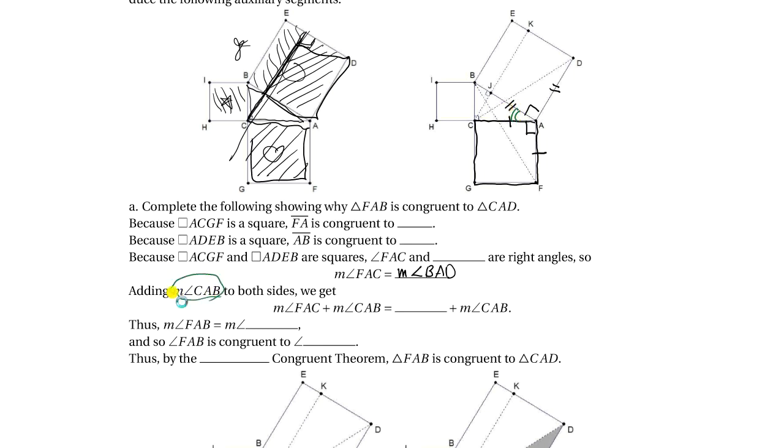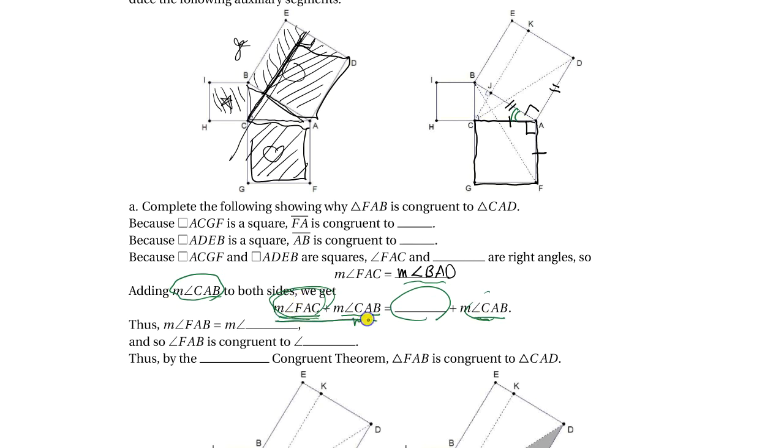That angle is the same as itself, of course. So when you add angle CAB to FAC and to BAD, it's the same, because it's 90 plus the same angle. They should be the same.